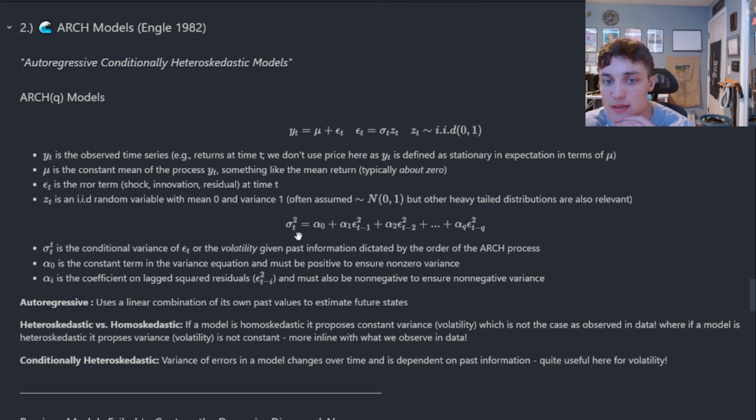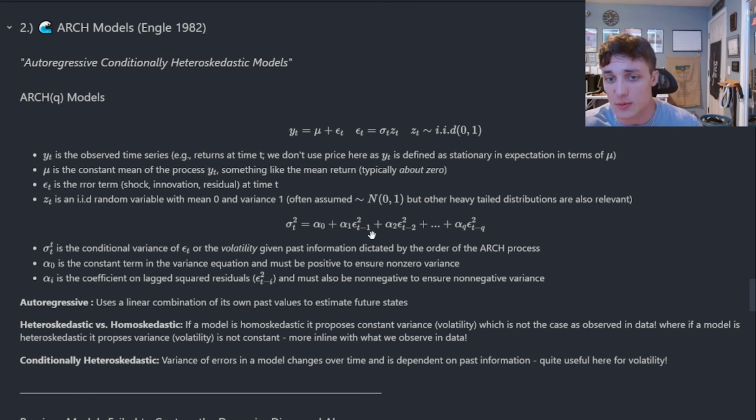And what we're saying is that this volatility, this realized volatility, is equal to alpha sub 0, some sort of intercept, some sort of level, plus alpha 1, which is a coefficient on some sort of lagged error value squared. And if we look back at the definition of this epsilon, it's defined in terms of sigma. So effectively, it's sigma squared times z sub t squared if we plug that in here, but at t minus 1.